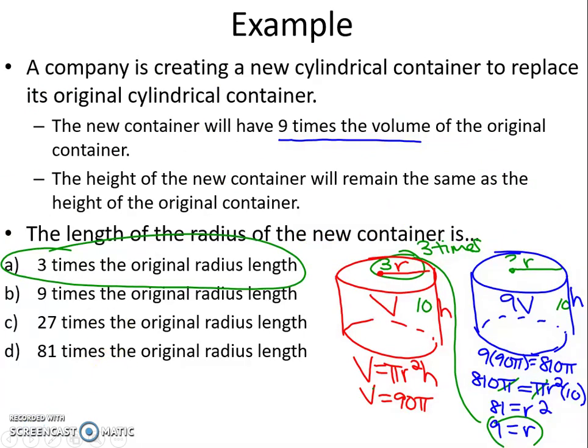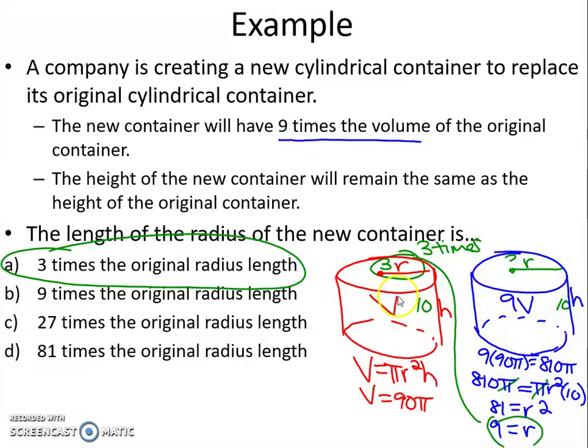Let's look at the next example. A company is creating a new cylindrical container to replace its original cylindrical container. The new container will have 9 times the volume of the original container. The height of the new container will remain the same as the height of the original container. So draw these two cylinders and write volume and volume.